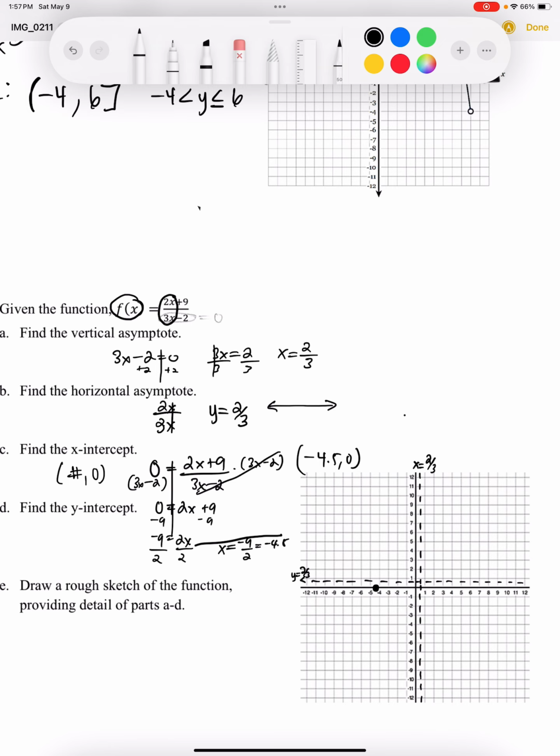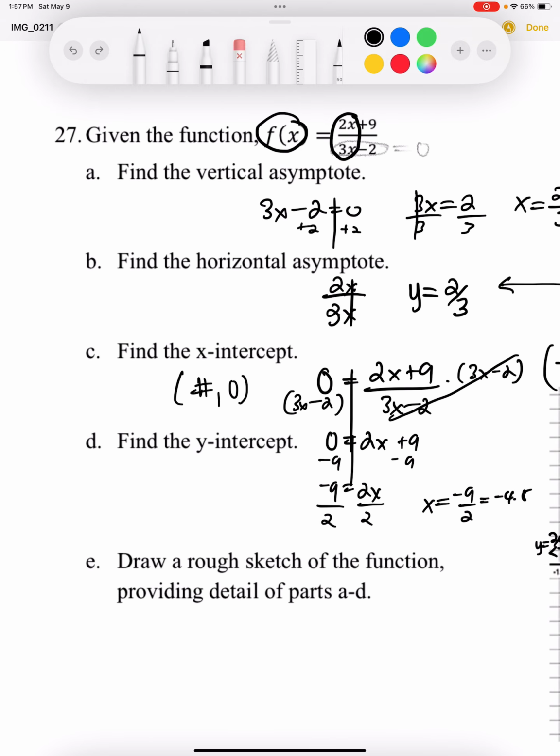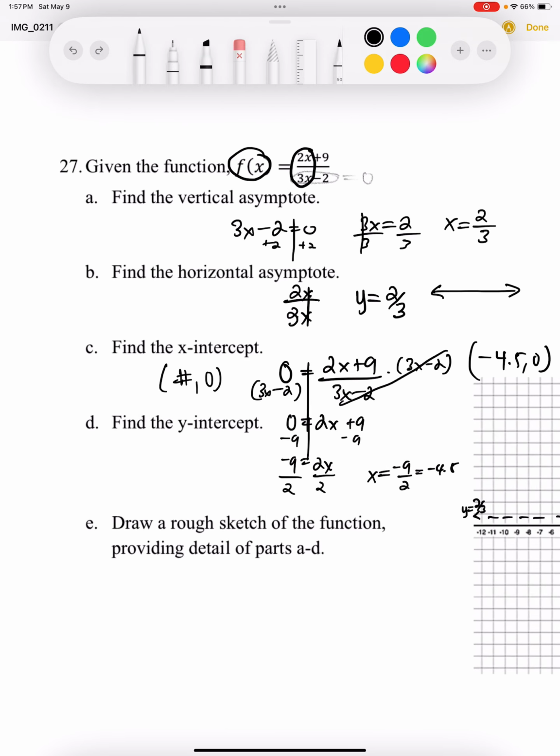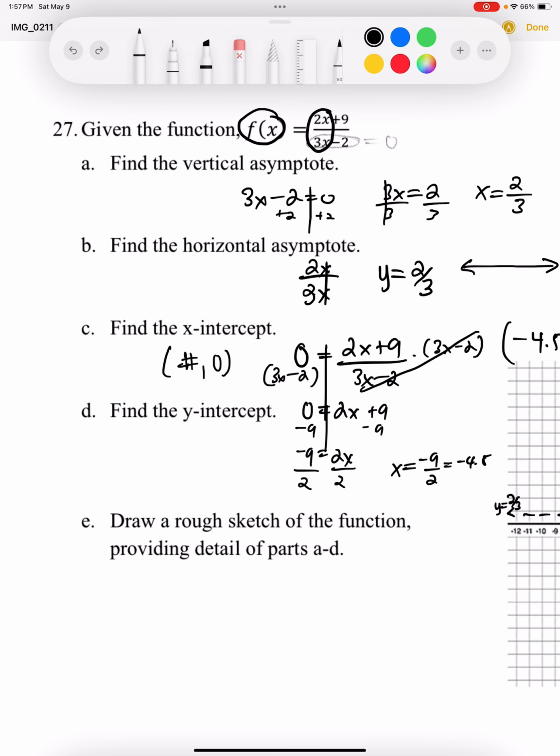And then for the y-intercept, you plug in 0 for x, because it's 0 comma a value for the y. So for this one, it's going to be 2 times 0 plus 9, and on the bottom 3 times 0 minus 2.